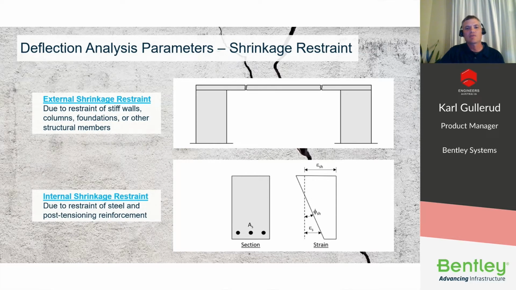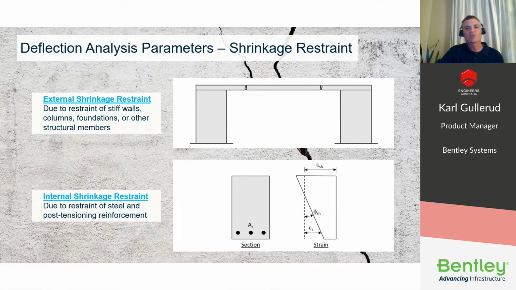Internal restraint, often referred to as shrinkage warping, is primarily due to the restraint of steel or post-tensioning reinforcement contained in the section. As concrete shrinks, the reinforcement is compressed and an equal and opposite tension force is induced in the concrete.